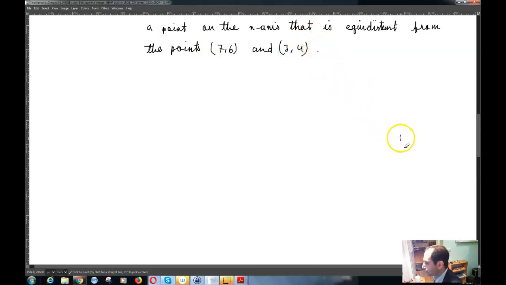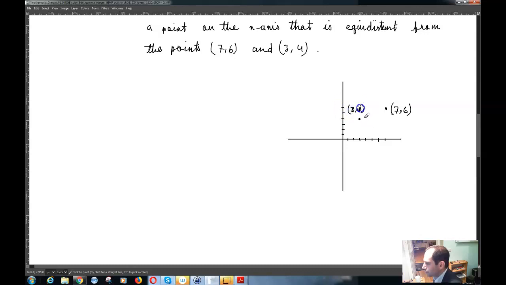So suppose that there is a point on the x-axis somewhere over here, either in the positive axis or negative axis, that is equidistant from this point, which is 7, 6, and from another point, 3, 4, this point over here.